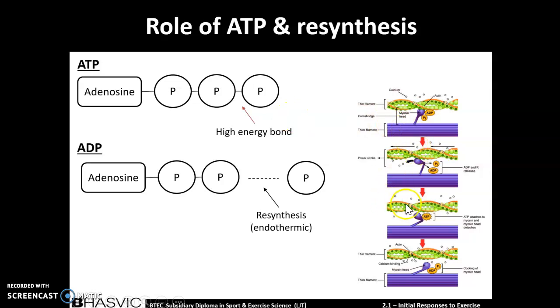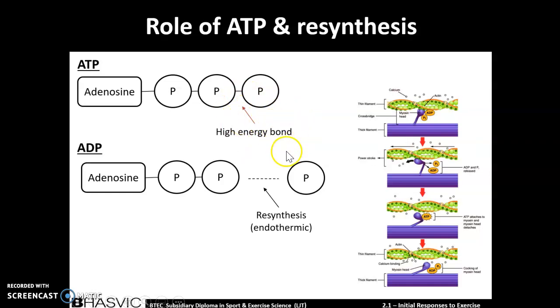During the sliding filament theory, which is briefly shown here, basically the ATP is split into ADP. So one of these bonds is broken during the power stroke.